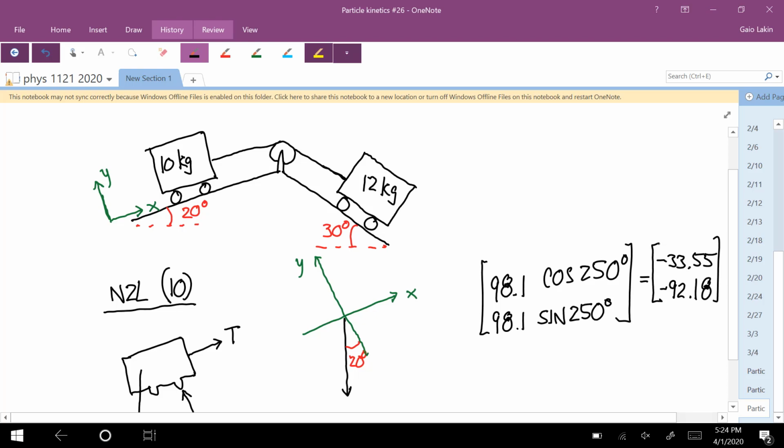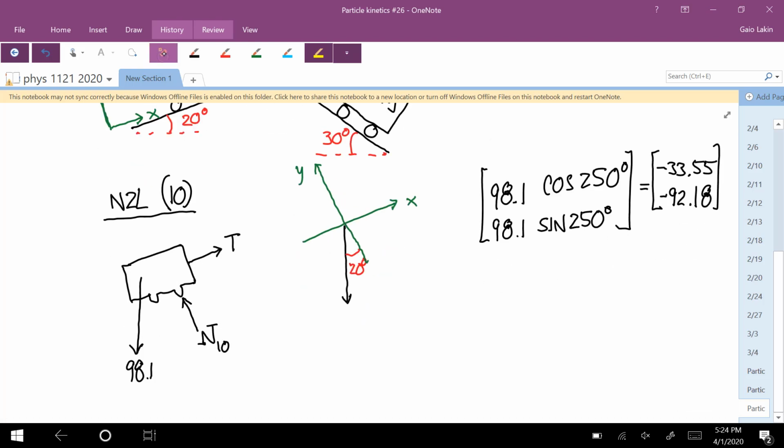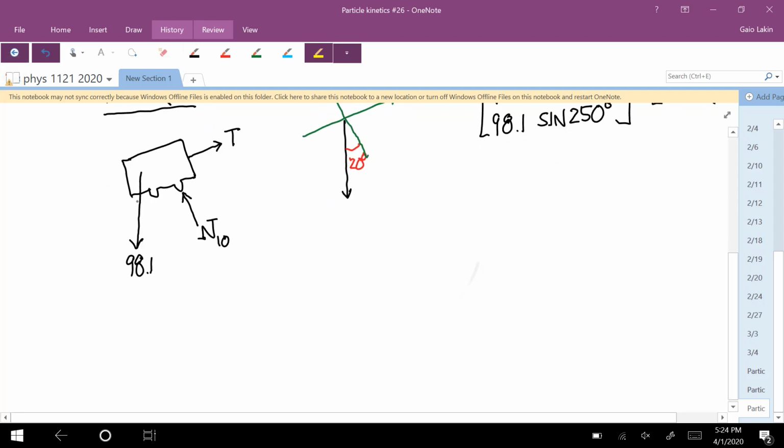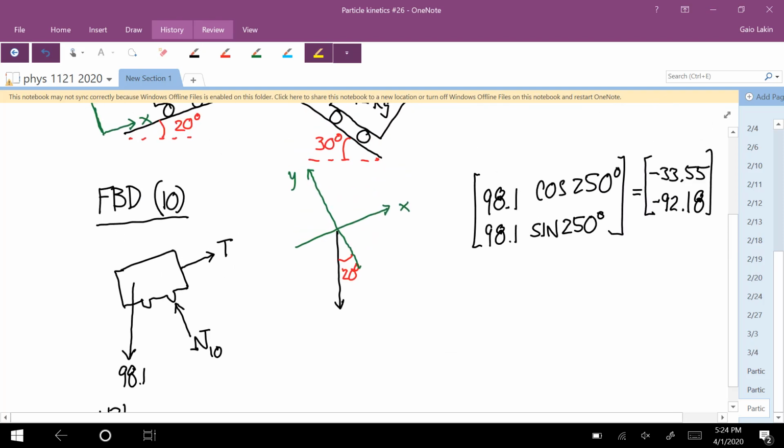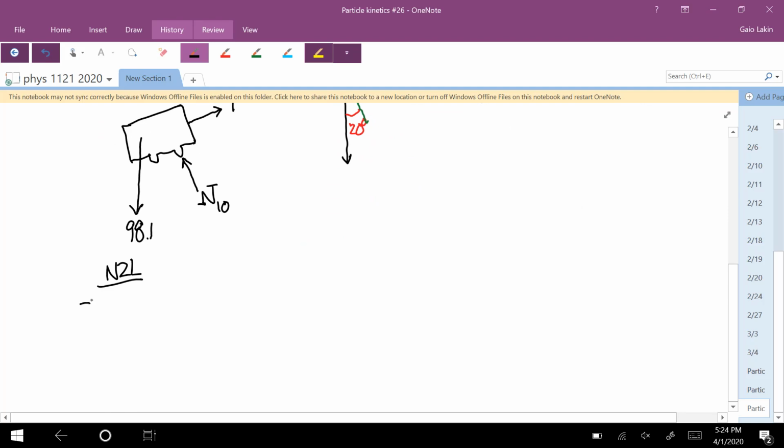And now we're ready to go to Newton's second law. I wrote Newton's second law here. This is the free body diagram, not Newton's second law. Okay, so Newton's second law says we have this weight force vector we just calculated, negative 33.55, negative 92.18.